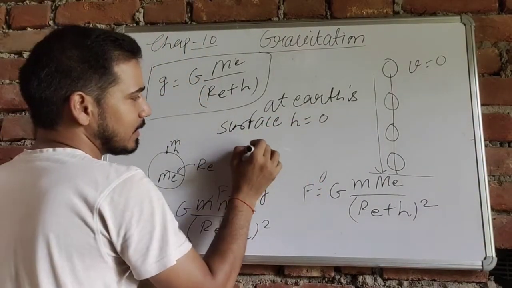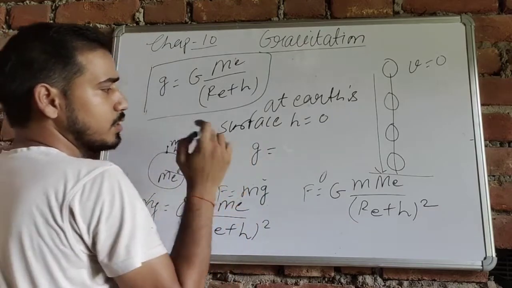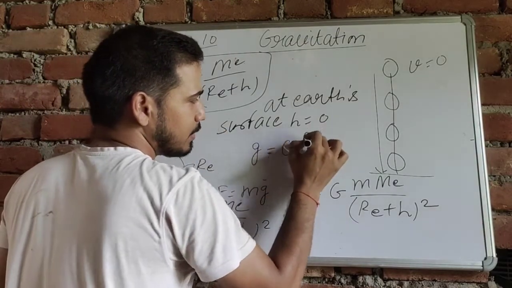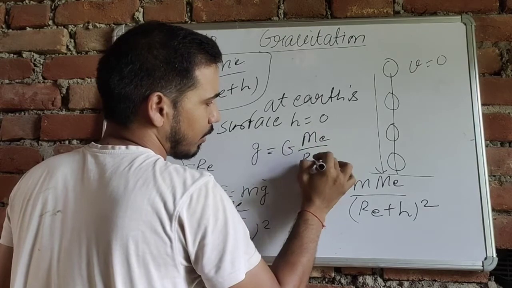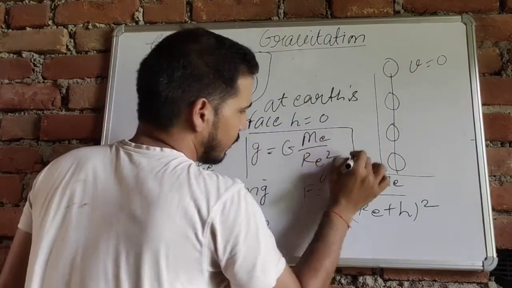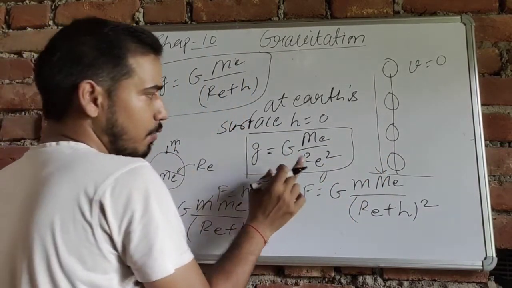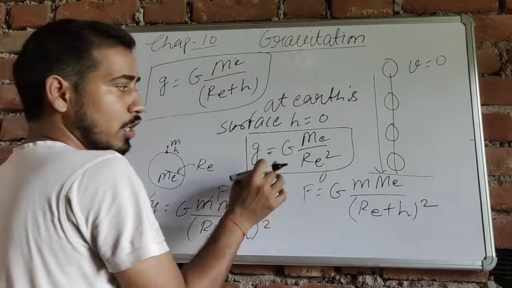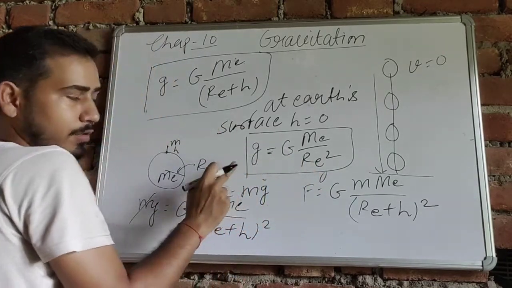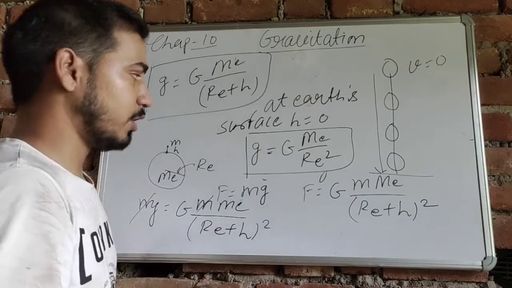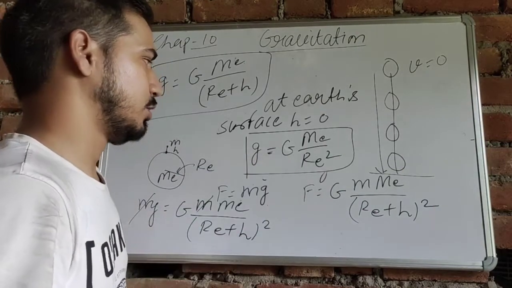In that case the relation becomes small g equals capital G mass of earth upon radius of earth square. This is the expression which is to be noted and kept in mind. This is the relation between small g and capital G.